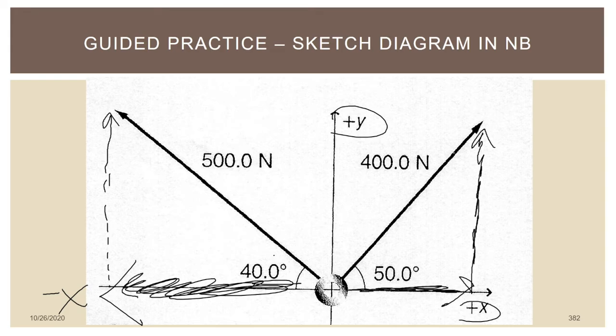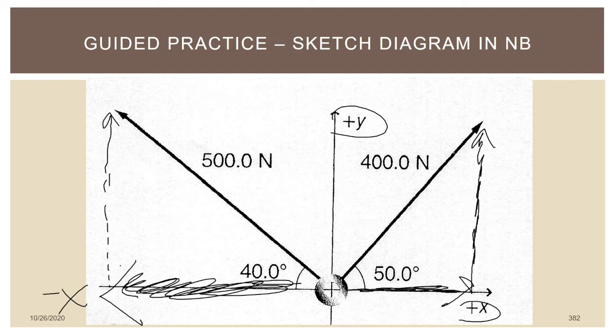And so the fact that the 500 Newton vector is considerably longer than the 400 Newton vector is what really makes the difference in terms of the size. Because the x component of the 500 Newton vector is longer and it's negative, we should expect our F net x to be negative.